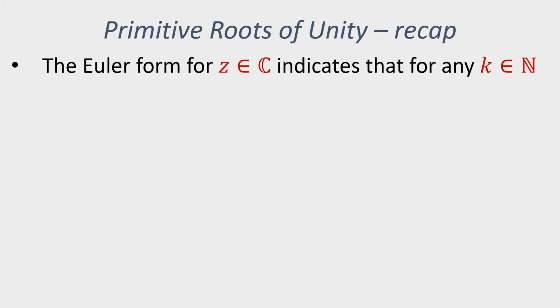So just a quick overview of what we described as primitive roots of unity. If we look at the Euler form of any complex number, that tells us if we take any natural number k, then finding a kth root of that number, we take the Euler form of the number and raise it to the power 1 over k. That is just the size of the complex number raised to the power 1 over k, and then the exponential part, e raised to the power i multiplied by theta divided by k.